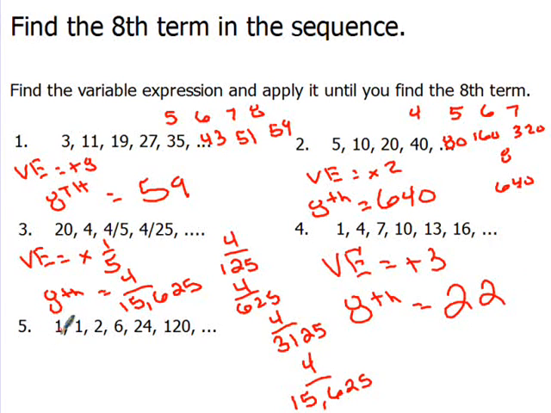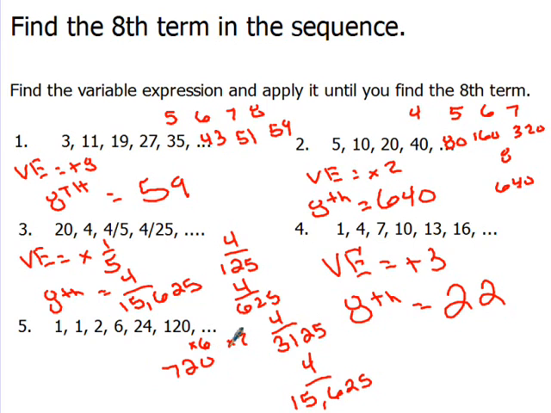Then over here it looks like we're going times 1, times 2, times 3, times 4, times 5. So this was the 1, 2, 3, 4, 5, 6 term. So the 7th is going to be times 6, and then the 8th will be times 7. If we do this, 120 times 6 is going to give me 720.